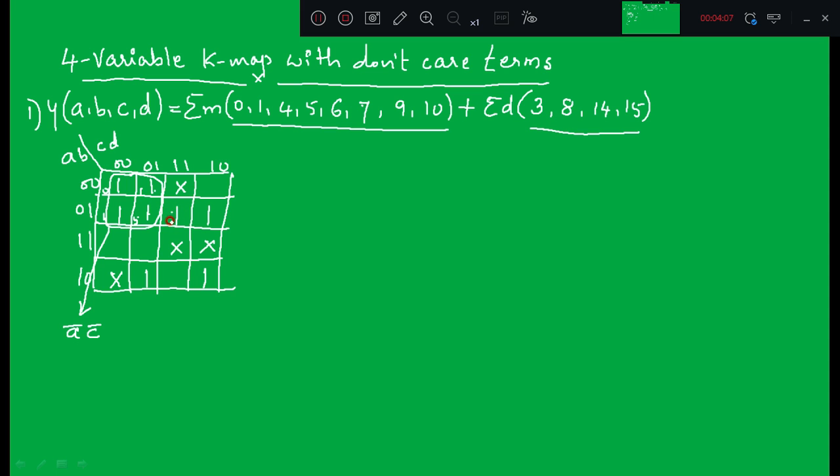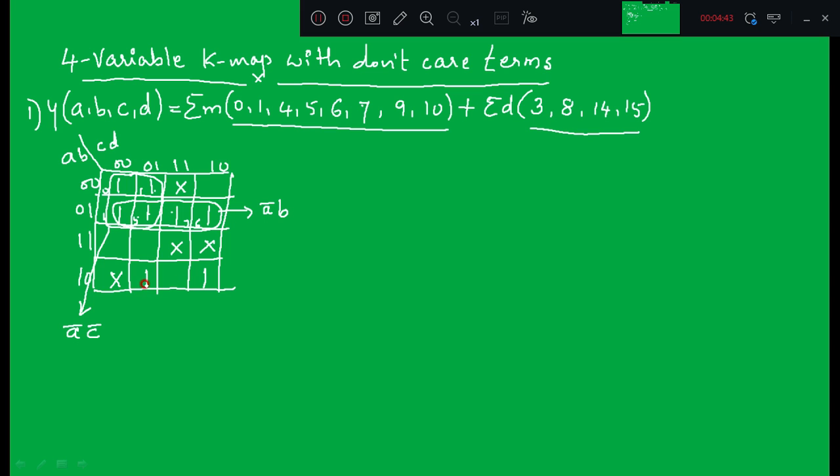So instead of this grouping, I'll go with this grouping, because here I am going to cover two ones. Instead of taking the help of this don't care, I'll leave that don't care as it is, and I'll cover these two ones present in cells 7 and 6 along with 4 and 5. What is the expression for this grouping? The expression is A bar B, right?